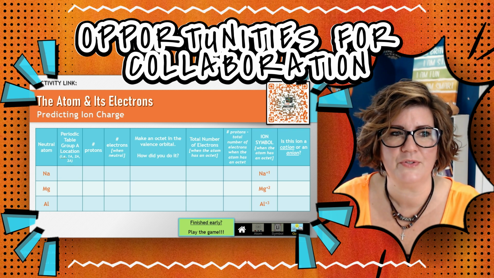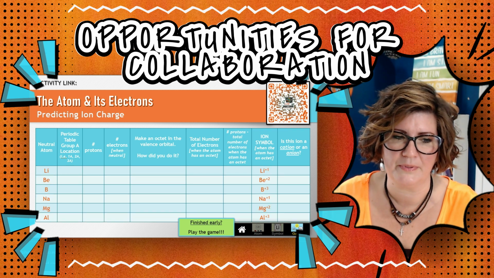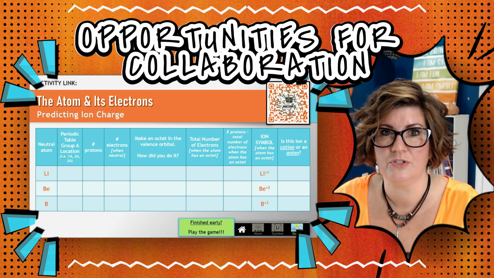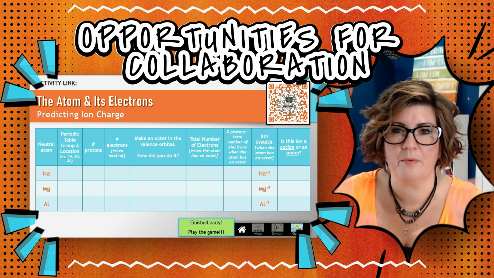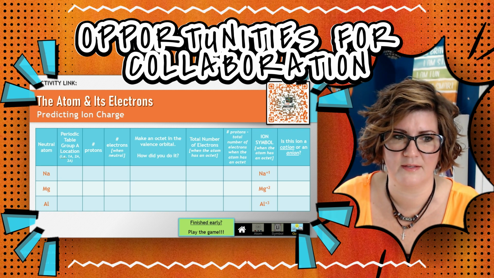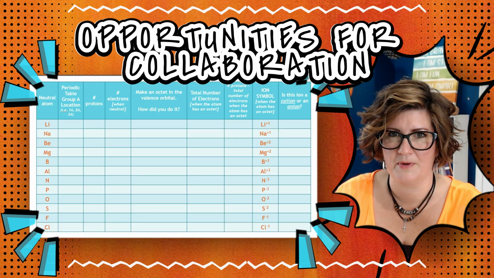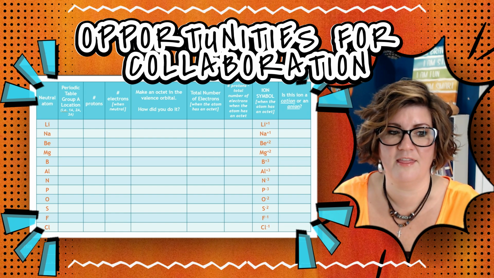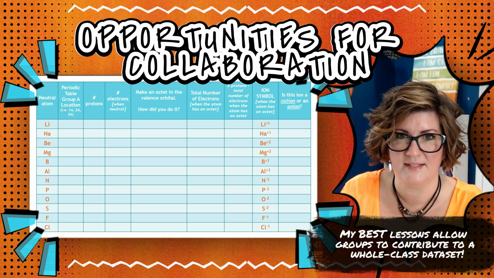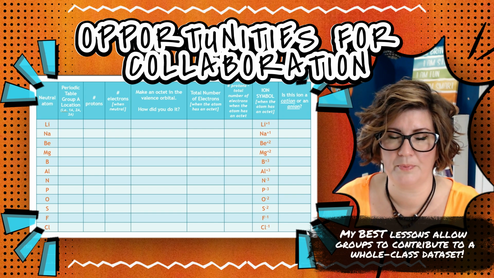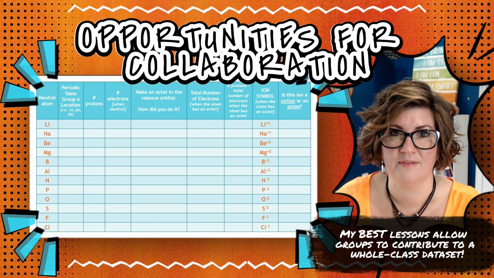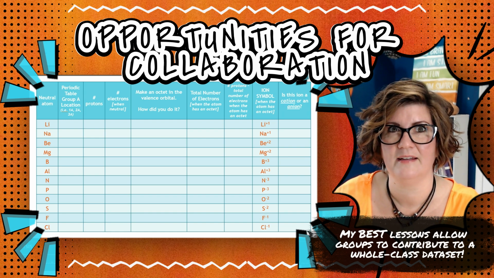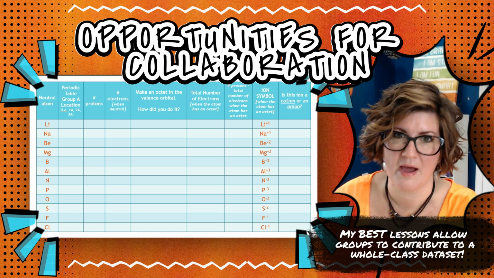But if you were to separate it either into students who complete anions, students who complete cations, or just period 2, just period 3, you can assign the parts many different ways, and then have the whole group come together on a shared spreadsheet and share what they found. Then we go forward with this data as a whole group, making sense of it, arguing from evidence, and seeing how that math connects with the models.